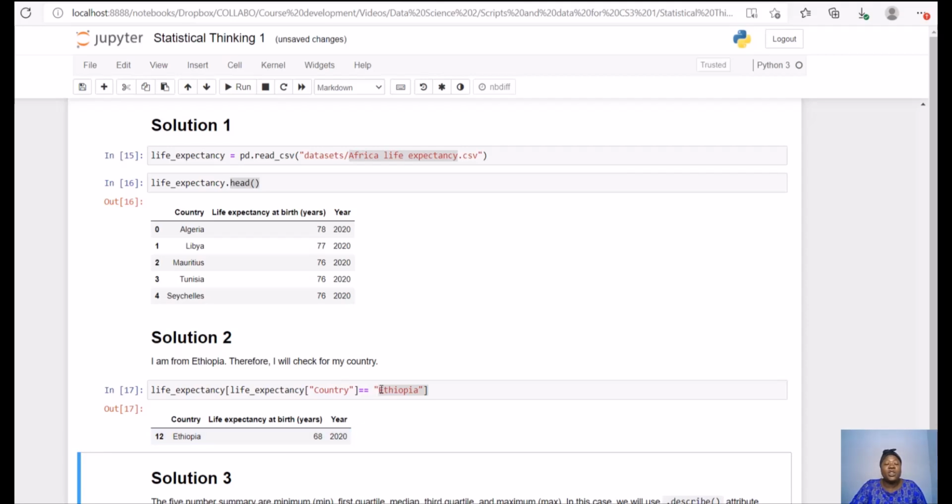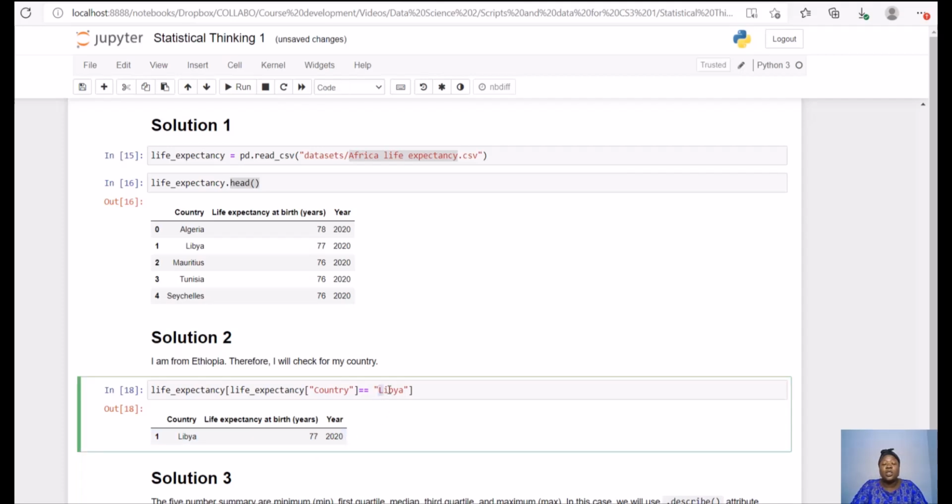Now imagine I'm from Libya. Another student could be from Libya. So if we type Libya here, let us run and see what it gives us. Wow, it gives us the life expectancy for Libya to be 77 in the year 2020.